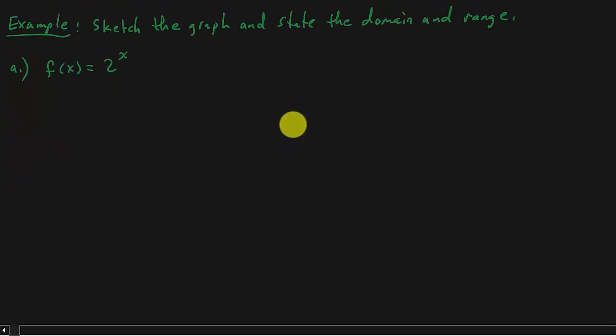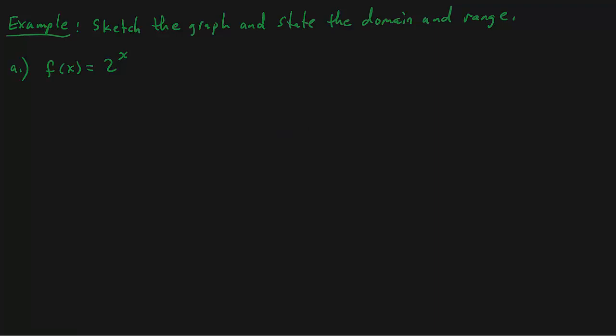All right, so now let's look at graphing some of these. Sketch the graph and state the domain and range. To graph these, we're going to make up a table, a table of values.